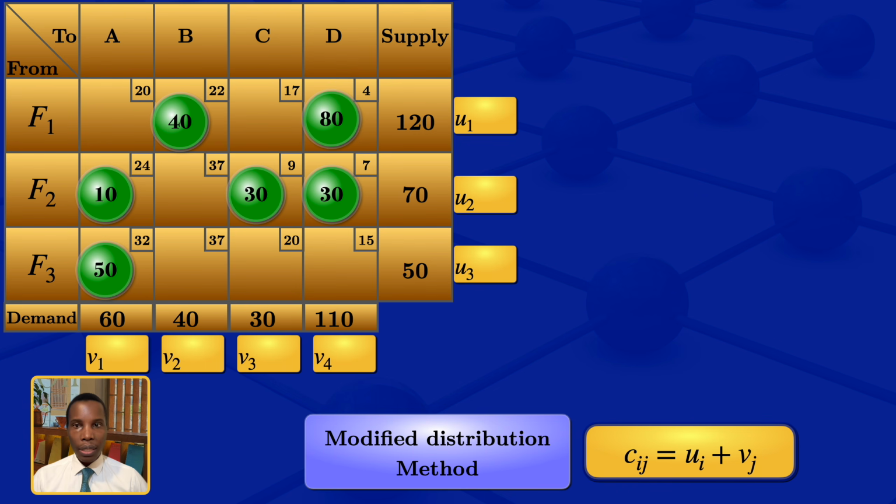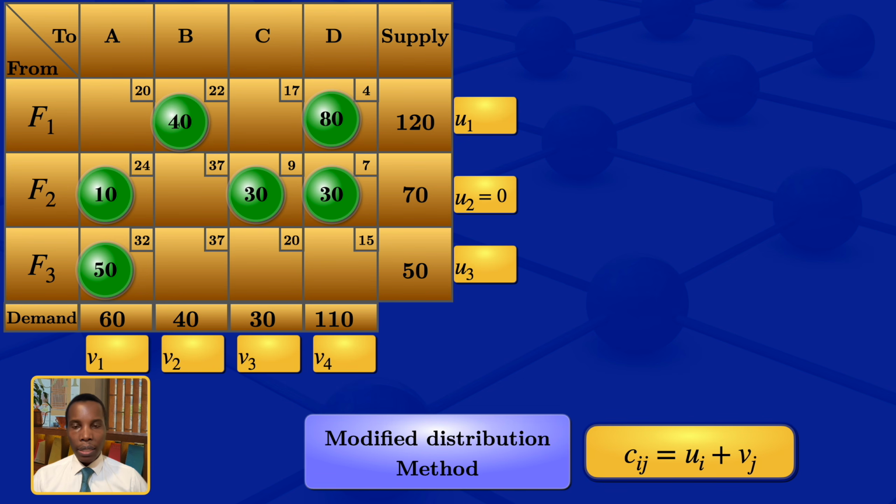In this case, we see that this row here has the most number of allocations, so we set that u to be equal to 0, so u2 equals 0. When you set u2 equals to 0, we use our formula to obtain the v's.